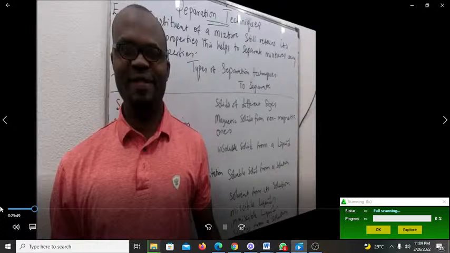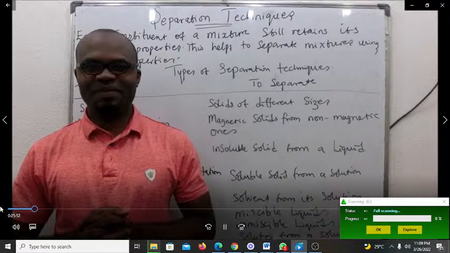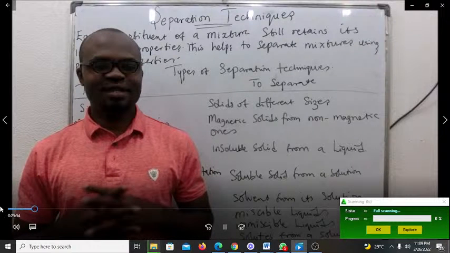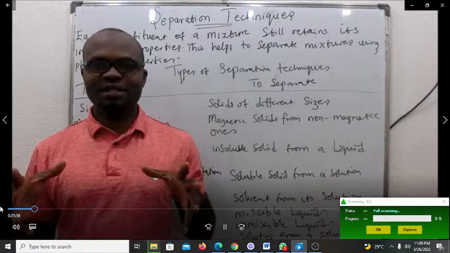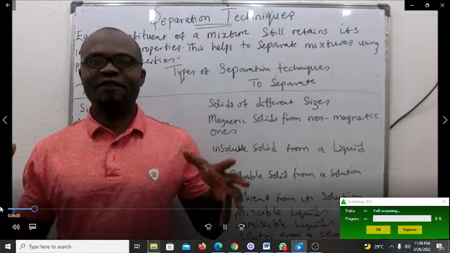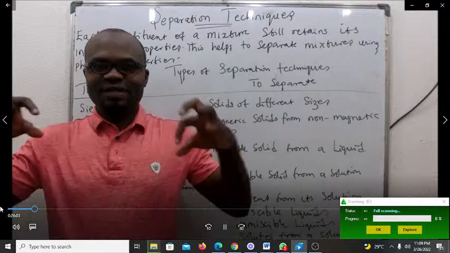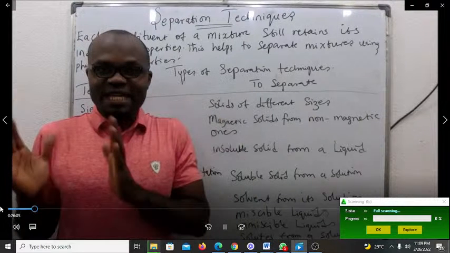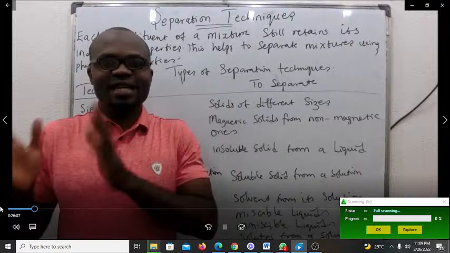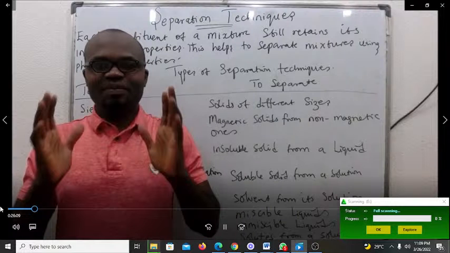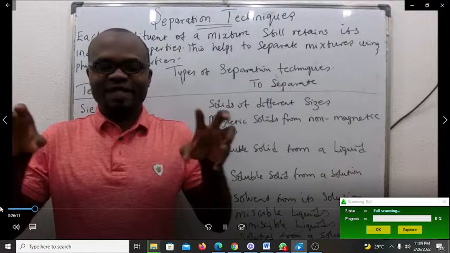Separation techniques. Separation techniques are those methods that we use in separating the constituents of mixtures. The individual constituents of mixtures behave differently. They have different properties. They retain their respective properties.